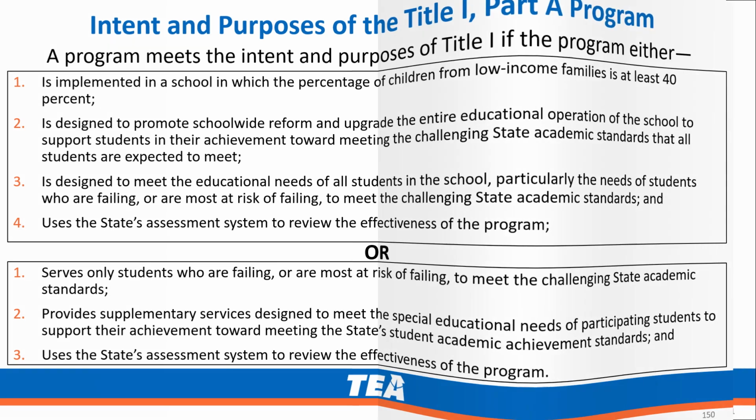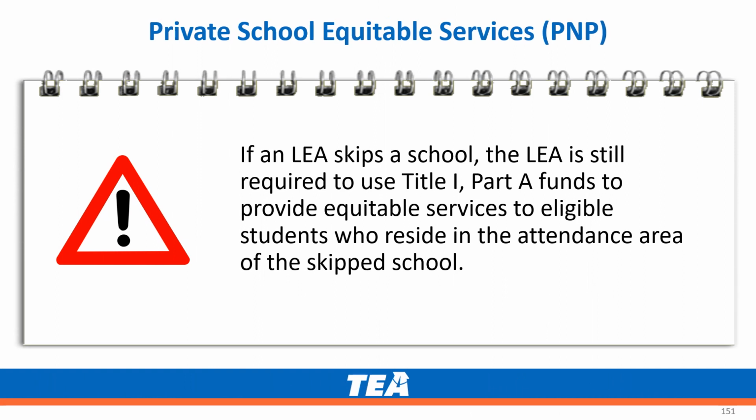If an LEA skips a school, the LEA is still required to use Title I Part A funds to provide equitable services to eligible students who reside in the attendance area of the skipped school.